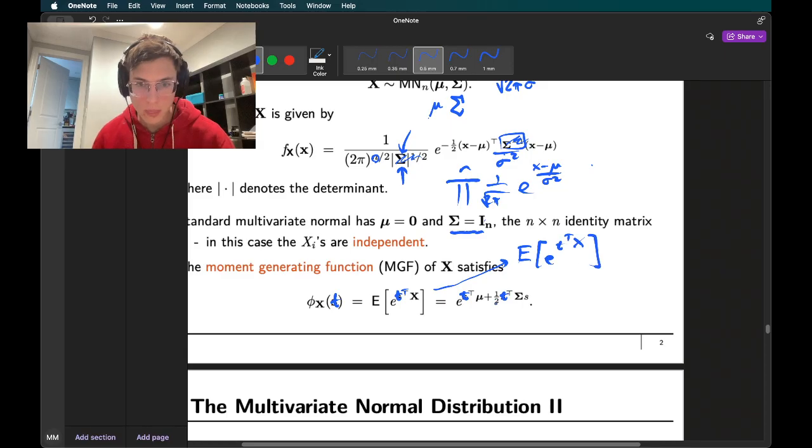In this case, down here, what we've done is we've calculated it by replacing x and finding out this expression.